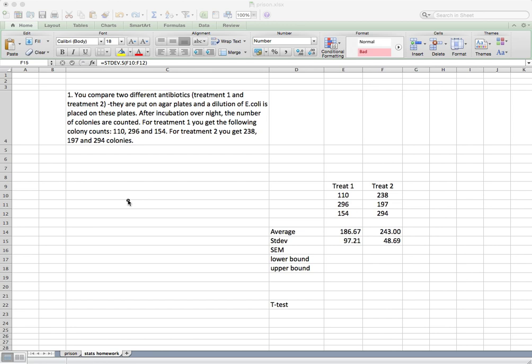We know that the standard error of the mean, SEM, equals the standard deviation that we just calculated divided by the square root of the number of data that we have, so divided by the square root of n. We can therefore write 97.21 divided by the square root of 3, because we have 3 data points.